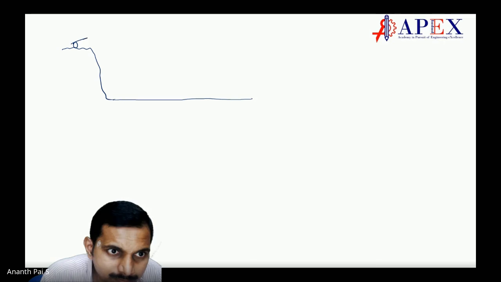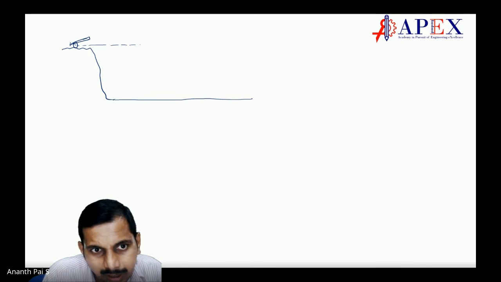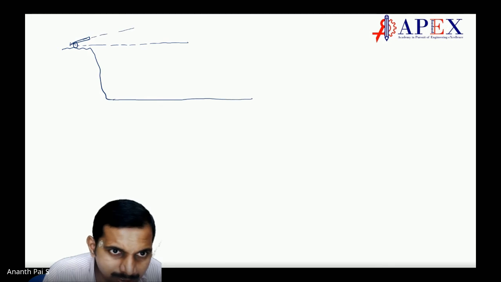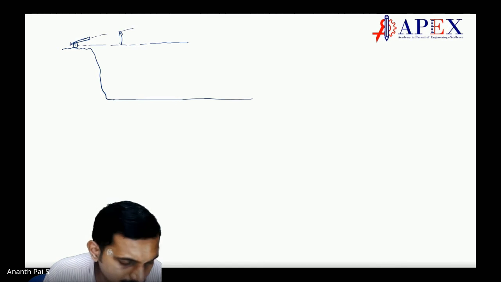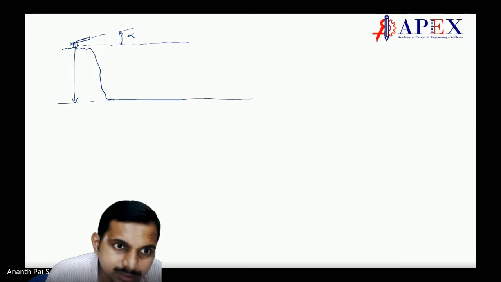Now at that time we have a projectile, is it not? Say this is alpha and say this is 200 meters.